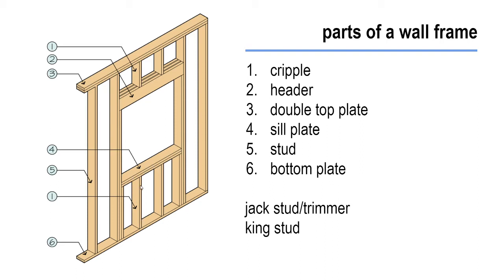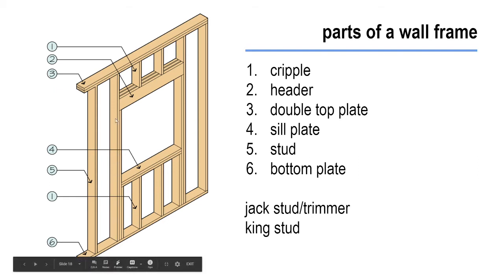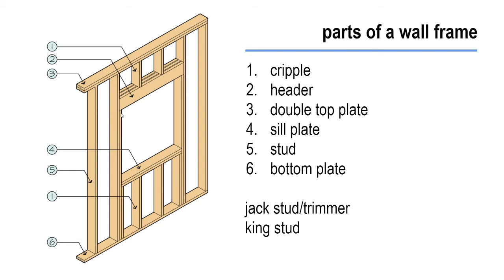Any studs that were cut shorter because of these openings are what we refer to as cripple studs. The only things not labeled in this picture are our king studs, which sit directly on the outside of our openings, and our trimmer studs, which help hold up our header. They're also sometimes called jack studs.